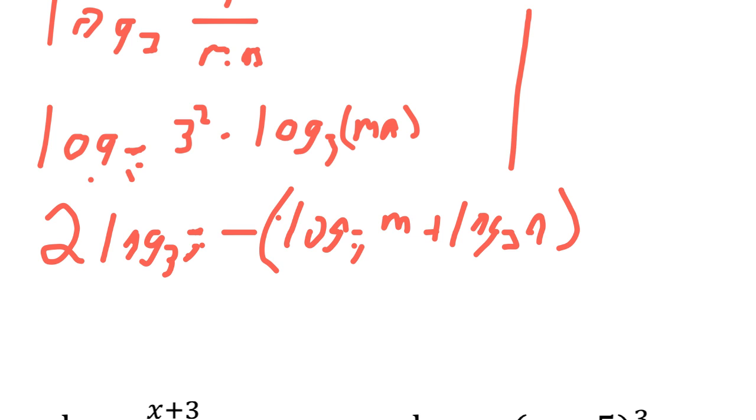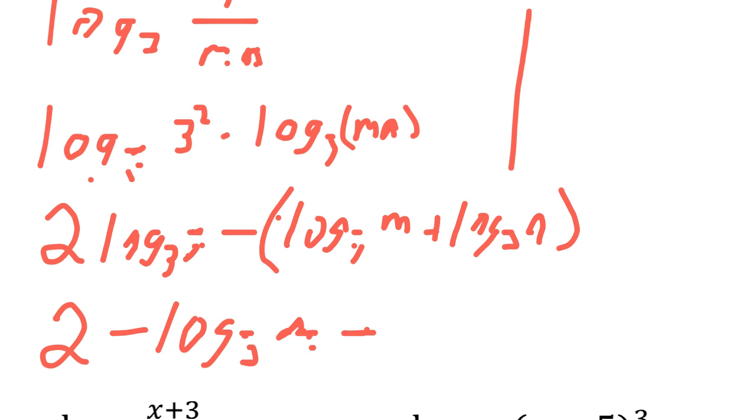Now when I distribute that minus sign and take care of my log base 3 of 3 over here, I get 2 minus log base 3 of m minus log base 3 of n. And you see how the ones in the denominator go to negatives and the ones in the numerators go to positives.